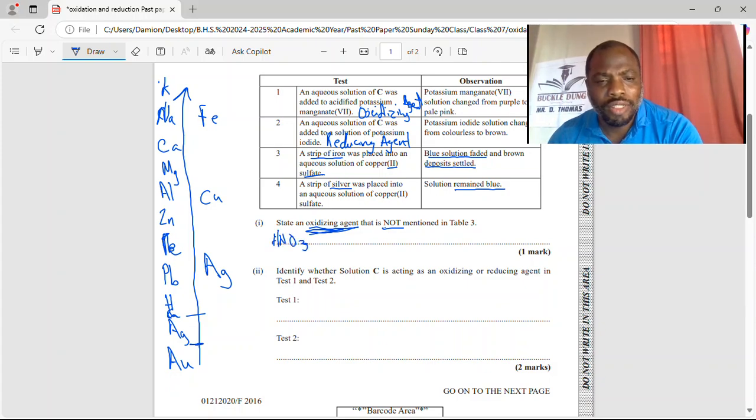What else? Hydrogen peroxide. So we missed out the ones that we just mentioned. Remember the ones that we spoke about are the ones for which we would have given the observation and dealt with how it happens.